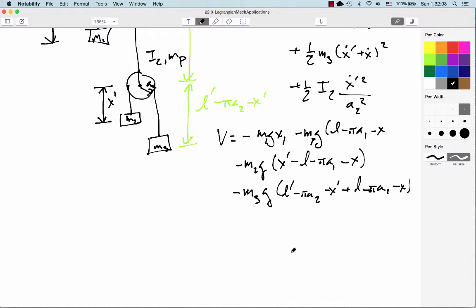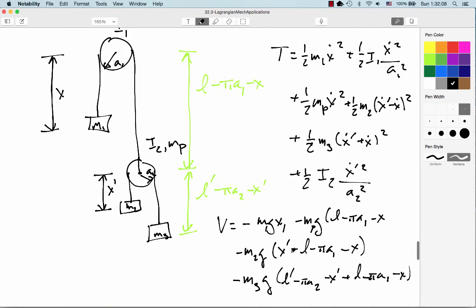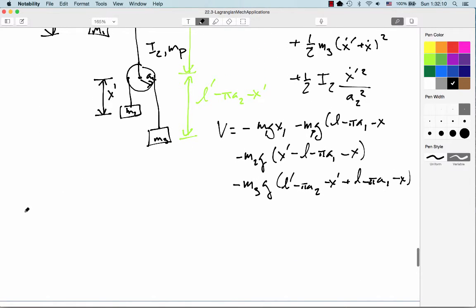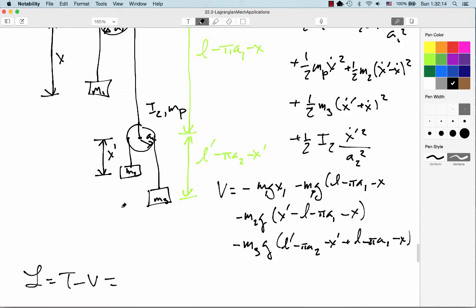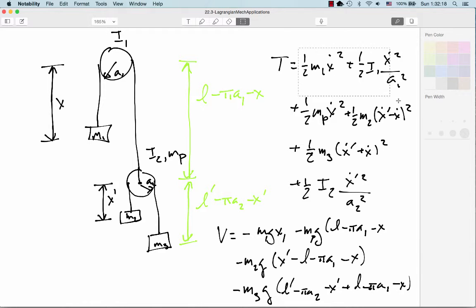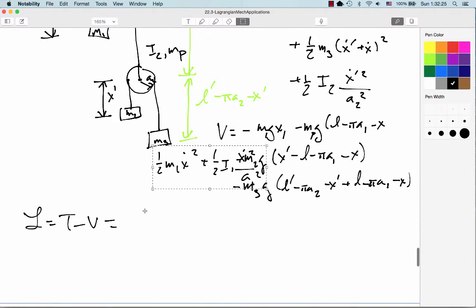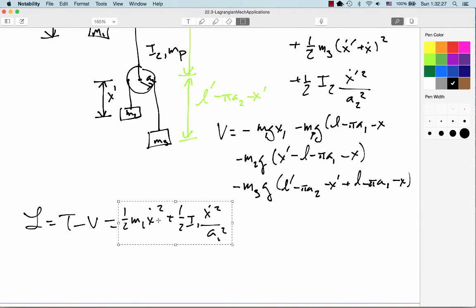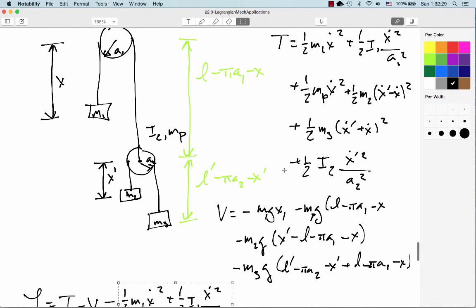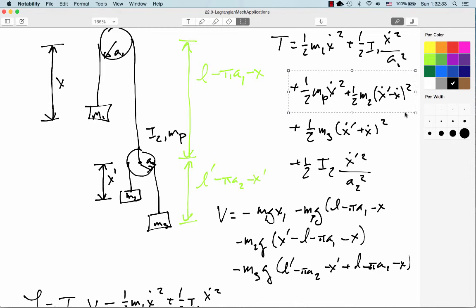So when we set this up, this is going to look utterly heinous, right? Let's say the Lagrangian is equal to T minus V, and I am just going to copy and paste terms over. Copy, paste, there we go. Next couple of terms are these guys.